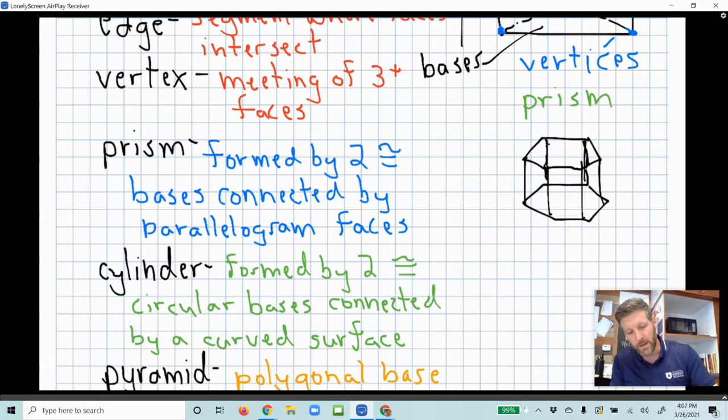And so again, the way that you classify this is based on its bases. So we can see what shape is congruent and parallel. They are hexagons. So this would be a hexagonal prism. Okay, and notice all the sides going around, they're all basically rectangles, technically parallelograms. Okay, so that's a prism. It's very specific. Some people use prism as any sort of generic 3D shape. No, it has to have those congruent bases.